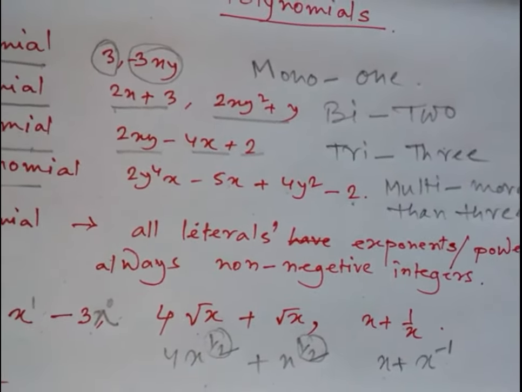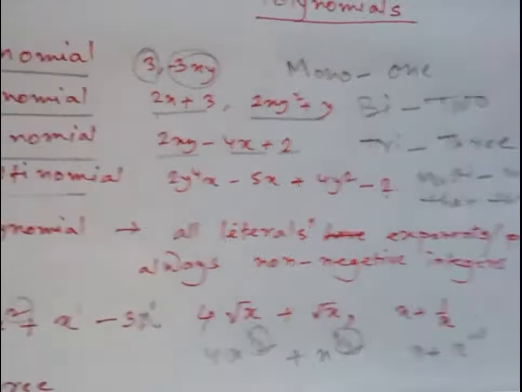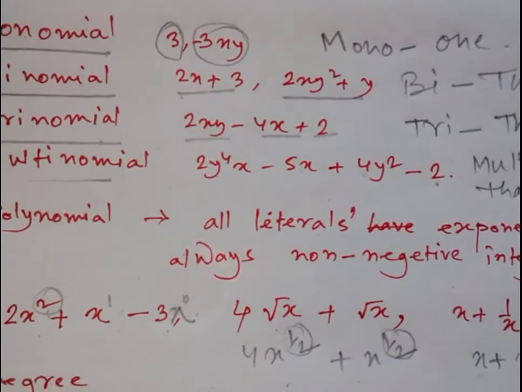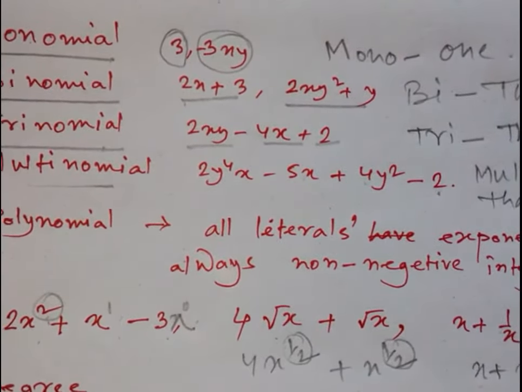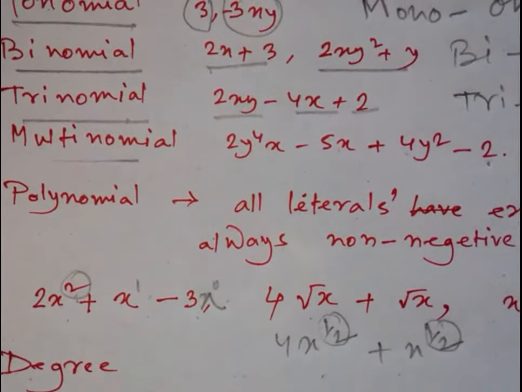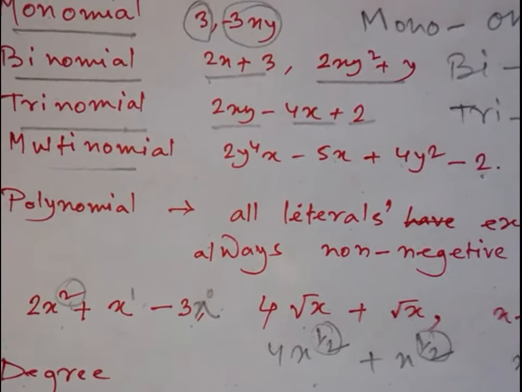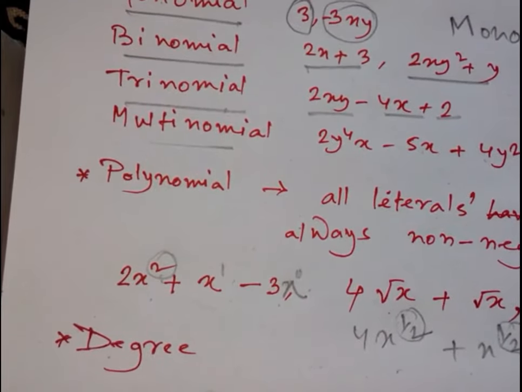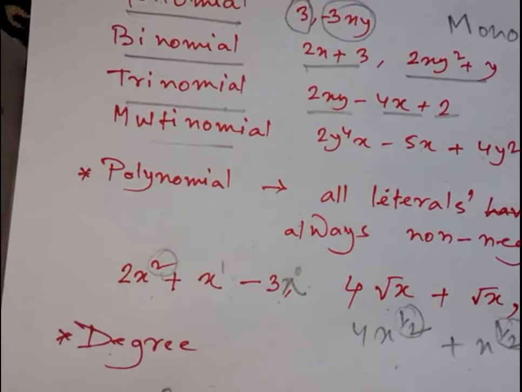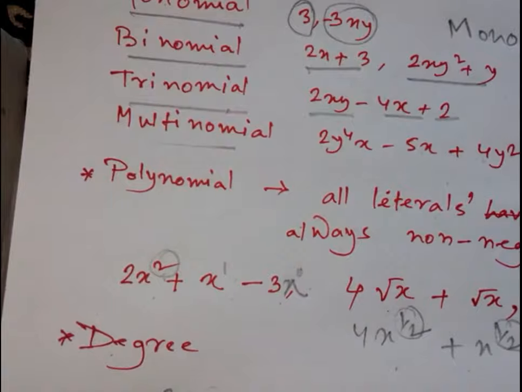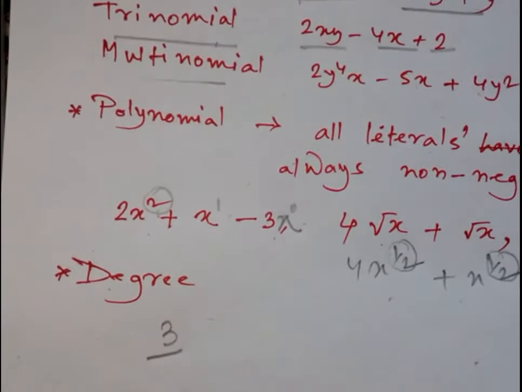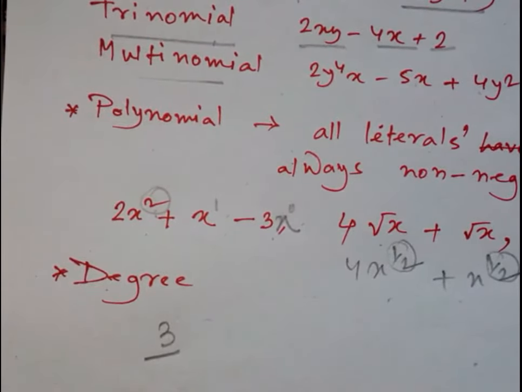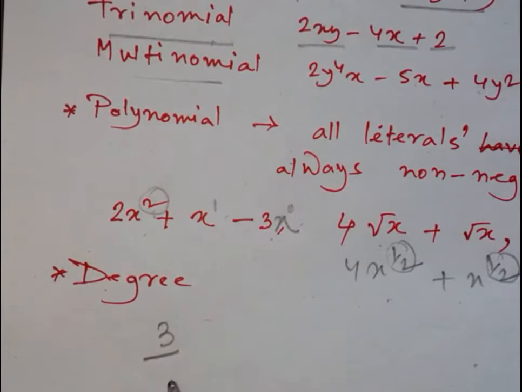Now we are going to see how the degree can be calculated in a polynomial. Degree of a polynomial. If here is the expression, a constant, what is the degree of it? The degree is 0.